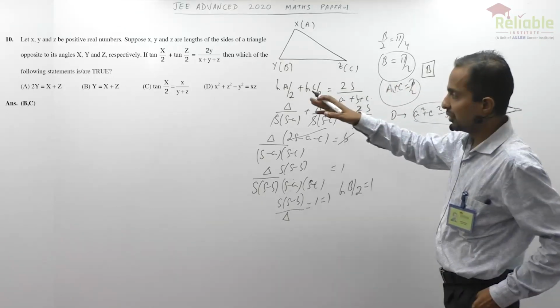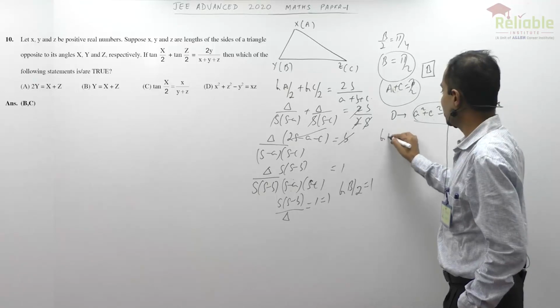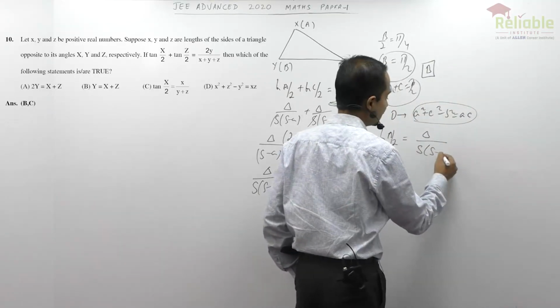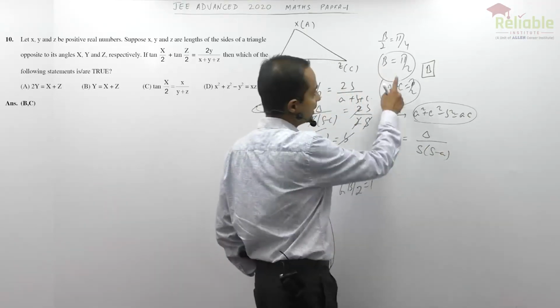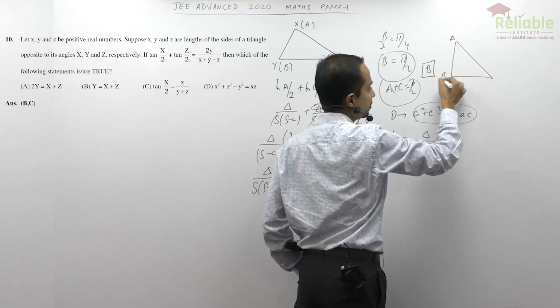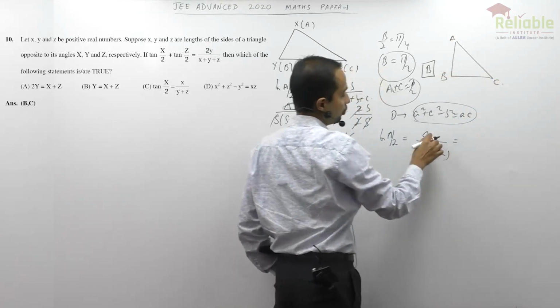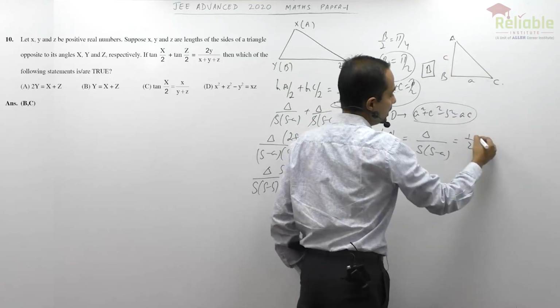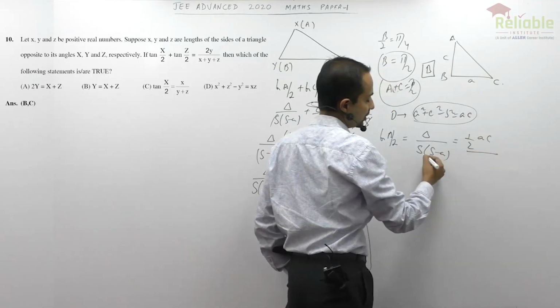Now, if I were to talk about tan A by 2, so tan A by 2 is delta upon S into S minus A. Now, since it's a right angle triangle, let me plot it again, ABC, correct? Now, what is your delta? Delta is half A into C. What is your S?